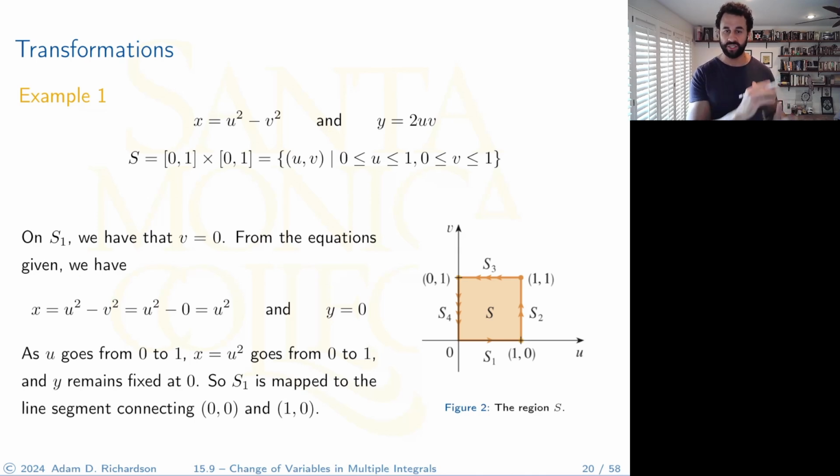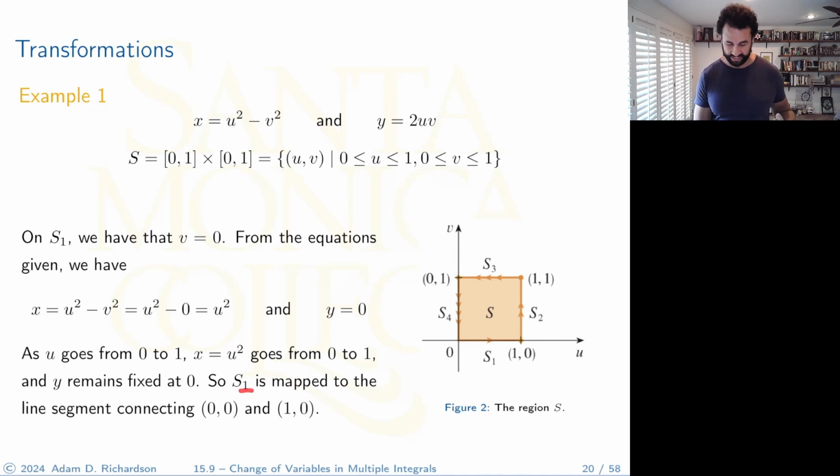So under the transformation T, this line gets mapped to what these are describing here. So what is this describing? Well, this is where you have to dig back into your knowledge about parametric equations. As u goes from 0 to 1, u squared also goes from 0 to 1. And as u goes from 0 to 1, y just remains fixed at 0.